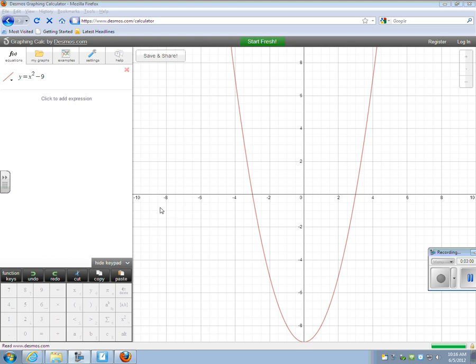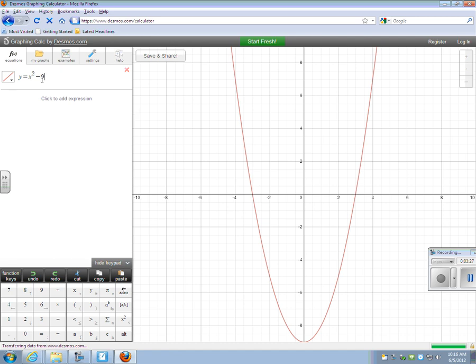So it's as if we graphed, when does y equal 0? So we would have a straight line, and it's asking for this point right here and this point right there. That's what it means to find the roots, or to find the zeros. Okay, so in this case it would be x equals 3 and x equals negative 3. Okay, that's what it means to solve.